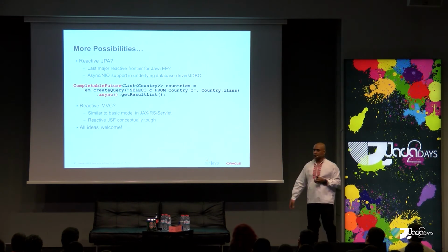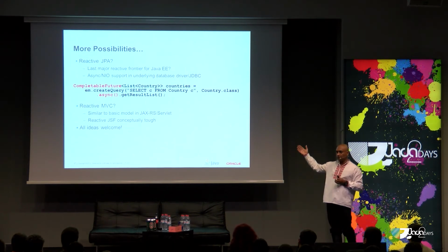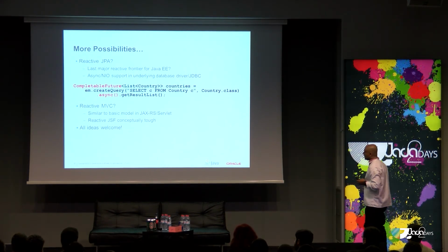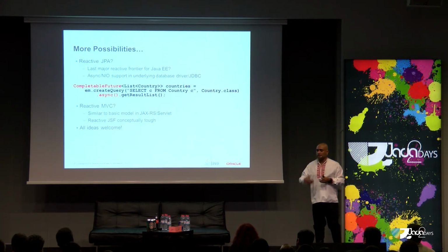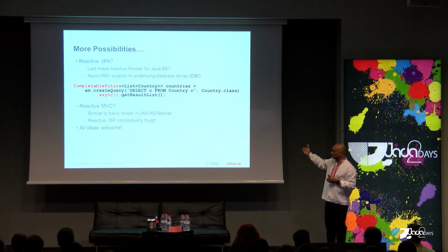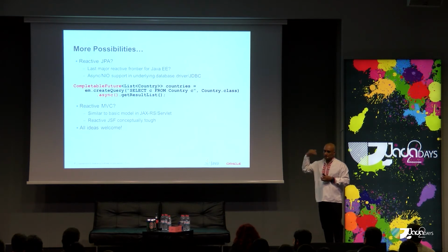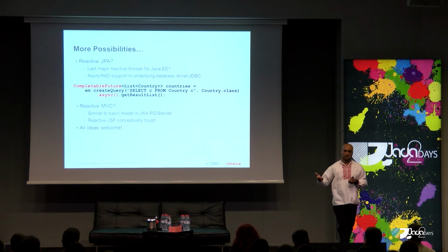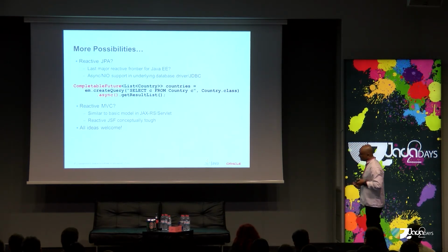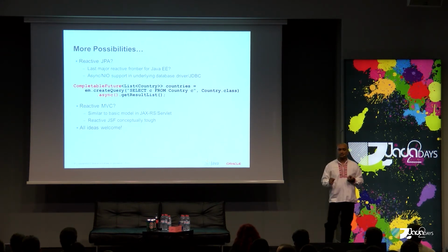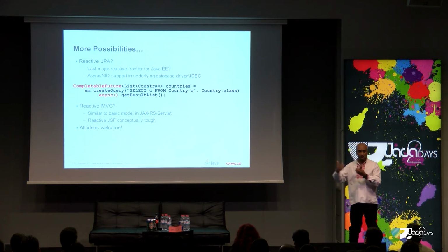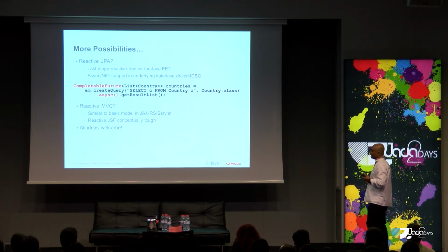Similarly, in the UI layer, we now have an MVC framework in addition to JSF, and it looks very much like servlet and JAX-RS. As a result, they can use the same syntax for achieving NIO and asynchronous processing as well. JSF, unfortunately, is tough. Conceptually, it's difficult to make that an asynchronous reactive API because of the high-level programming model in JSF.